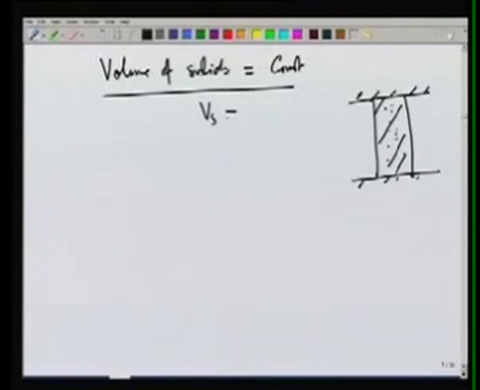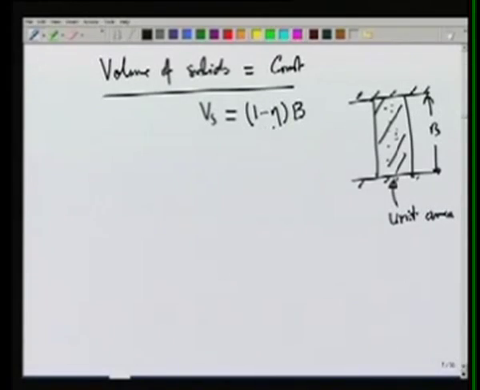Now Vs we can write as 1 minus eta if the thickness as we have taken is B and cross section area is 1. Then the amount of solid volume present inside this unit area and height B will be 1 minus eta times B, because total volume is B. Out of that, eta B is the volume of the liquid, water in this case.